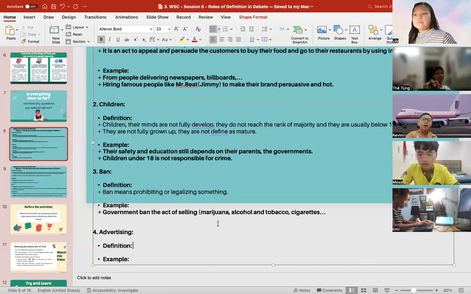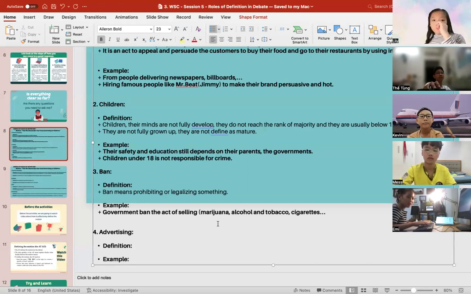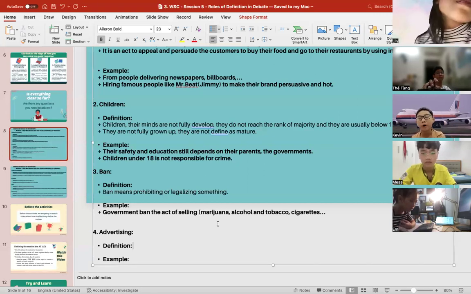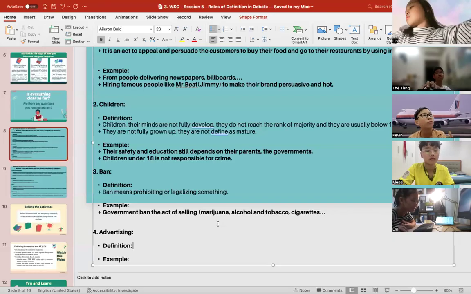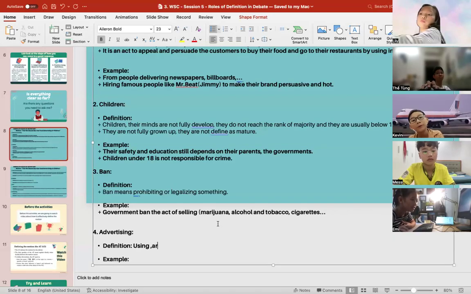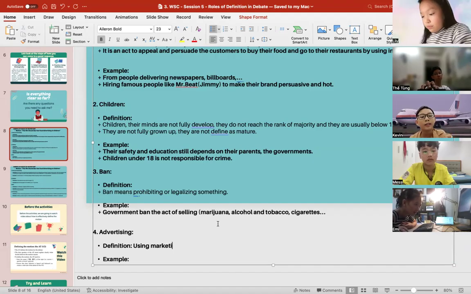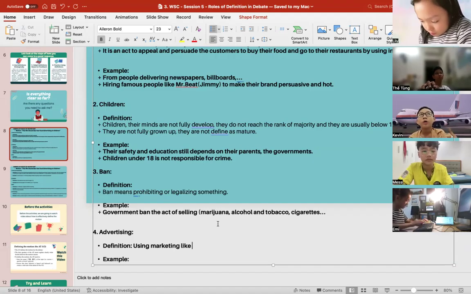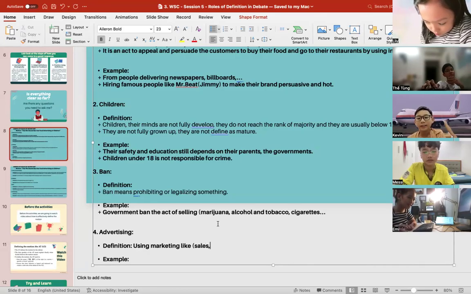The definition of advertising is by using specialized marketing strategies like buy one get one free, discounts, or giving the first 100 customers a present.